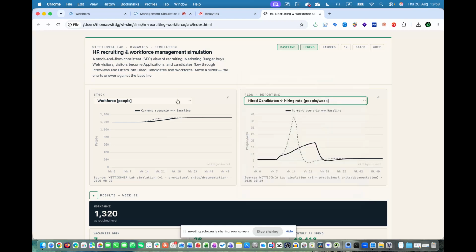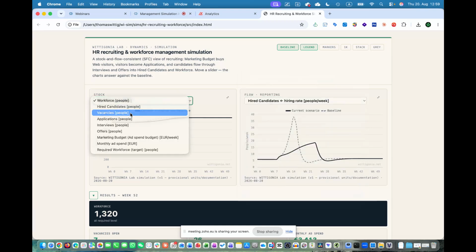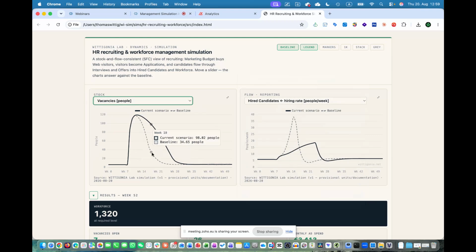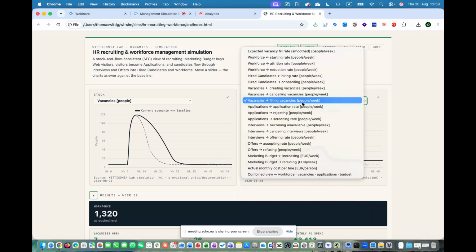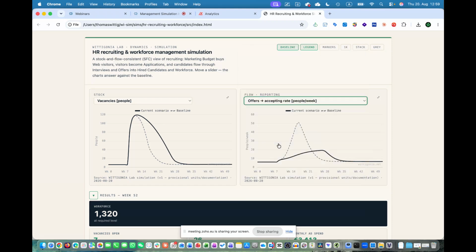For example, if we want to look at the vacancies and how that's developing over time, that's our flow here. We can also look at the vacancy filling rate in people per week, which is what we have just been looking at. Maybe the offering rate, so how many people are accepting the offering.